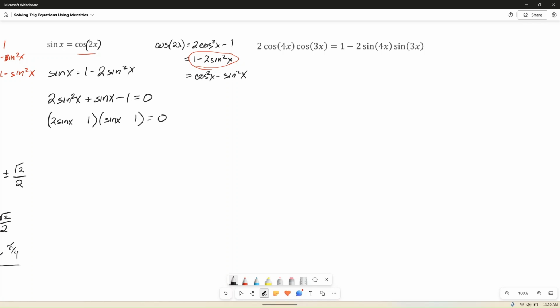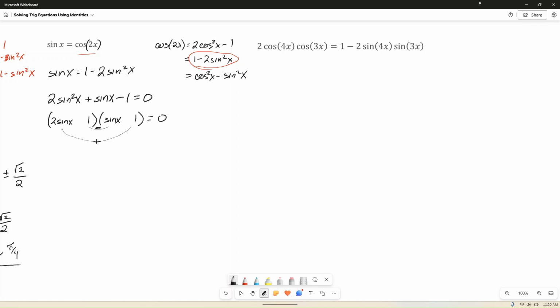To figure out where the plus and the minus go, we need to look at what would happen if we FOILed the parentheses. If I FOILed this, 2 sine x times the 1 and then the 1 times the sine x, I need the bigger result to be positive. And that bigger result is the 2 sine x, and then the 1 sine x would have to be the negative.